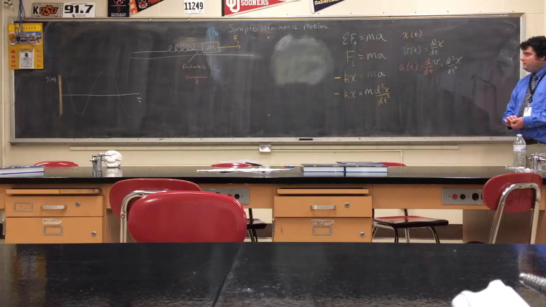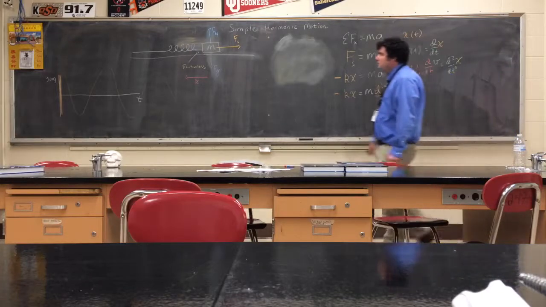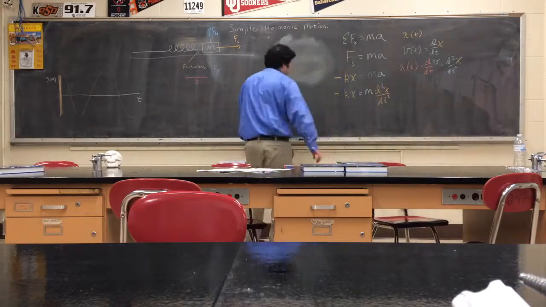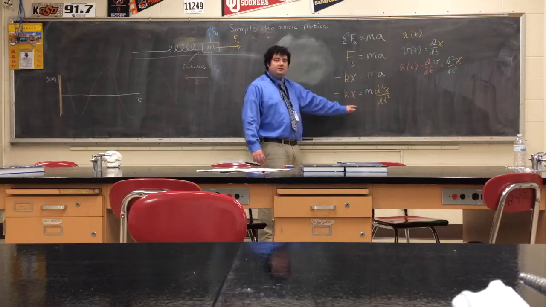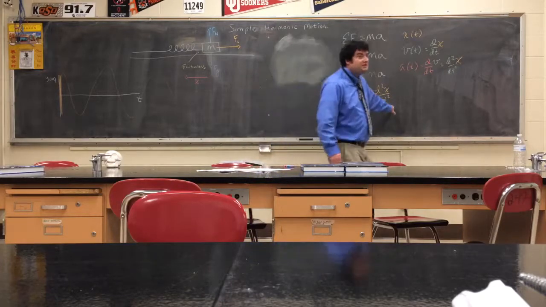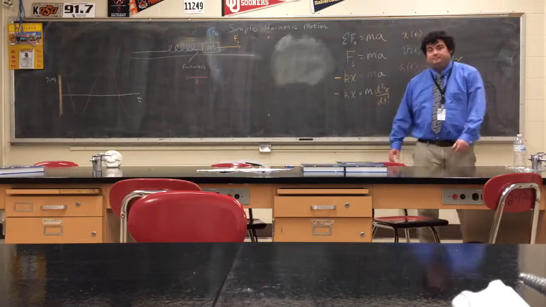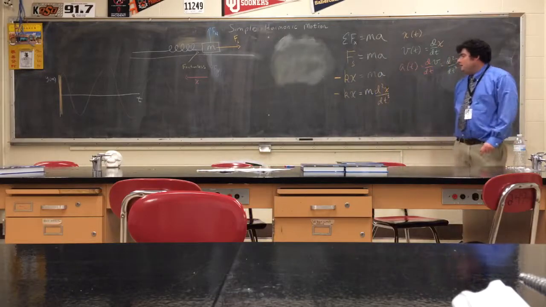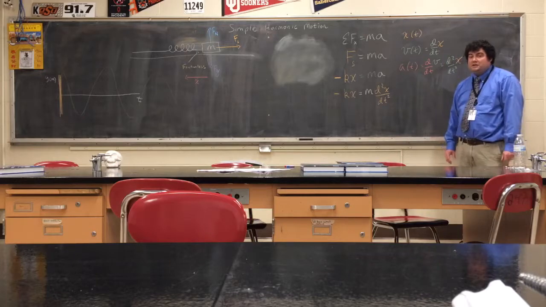So when you have a restoring force for the kind of periodic motion that causes simple harmonic motion, you have this type of relationship where where you are is directly proportional to the second derivative of where you are. And this is going to be at the start of most of our calculations.